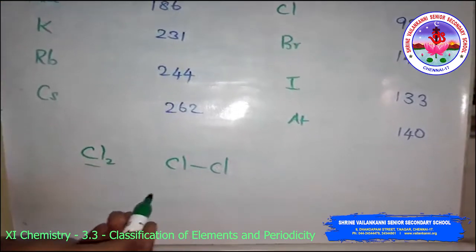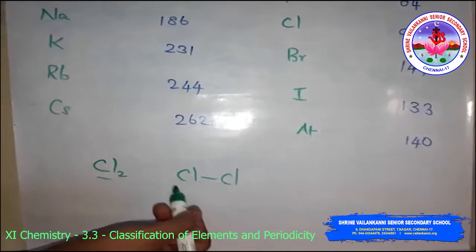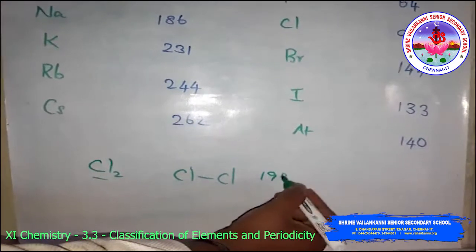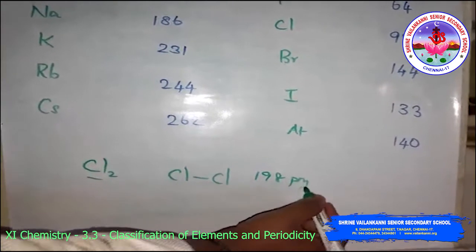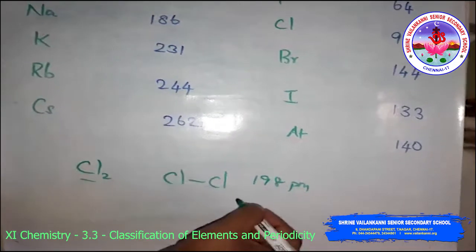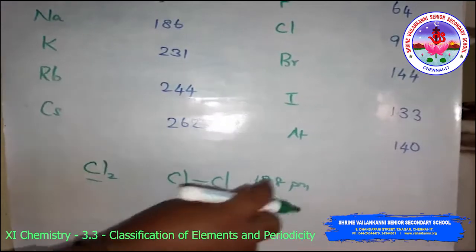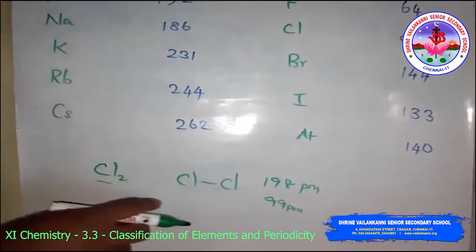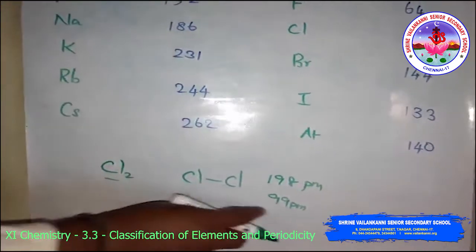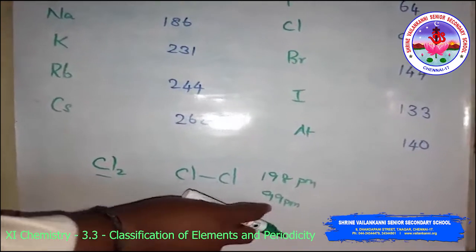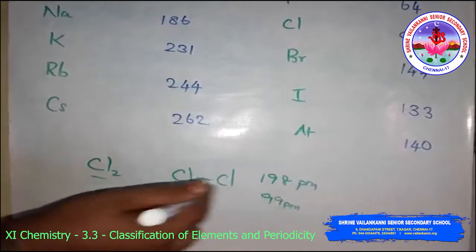The chlorine molecule bond length, the bond distance, is 198 picometer, and half of the distance, 99 picometer, is taken as the atomic radius for chlorine. Here the chlorine atomic radius is 99 picometer. This is for non-metals.